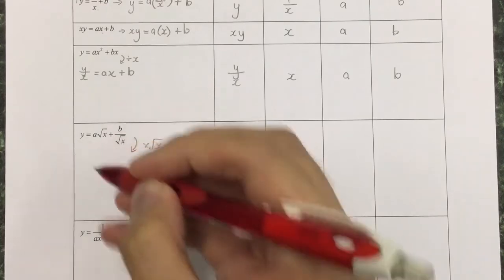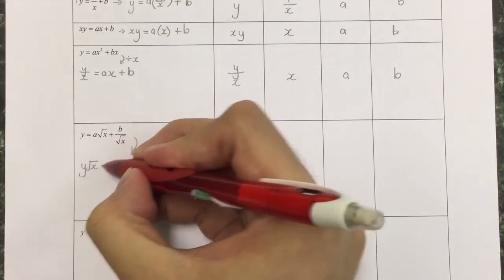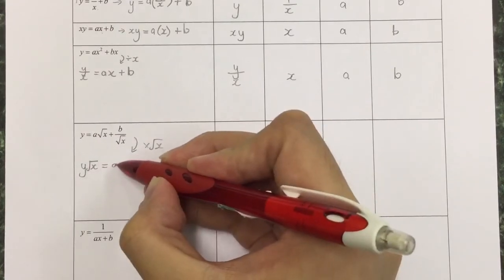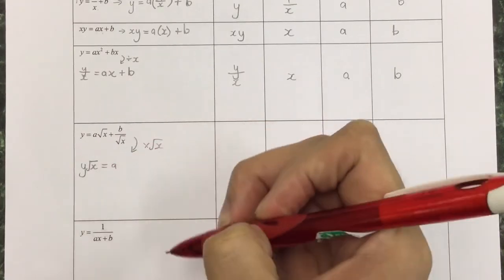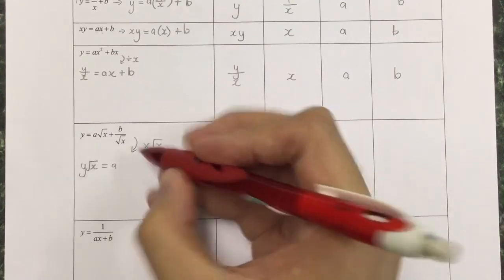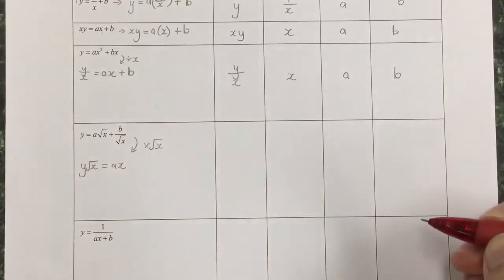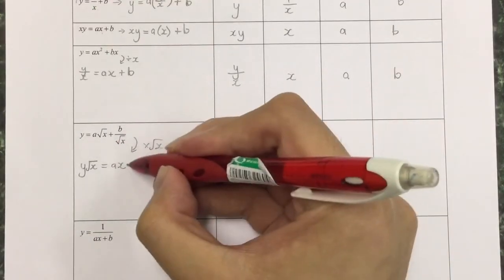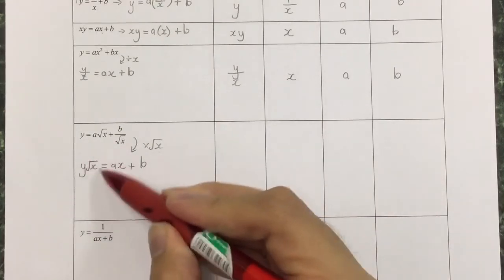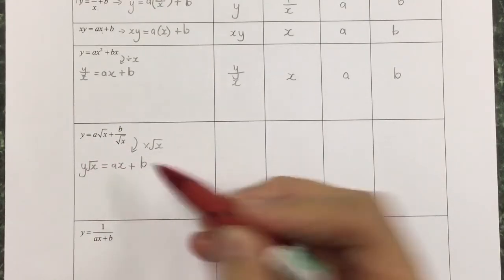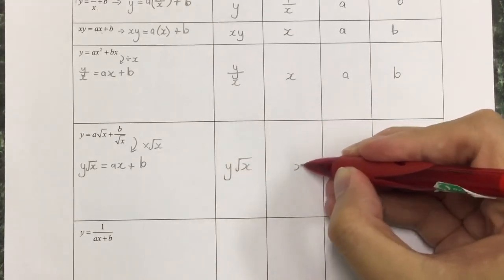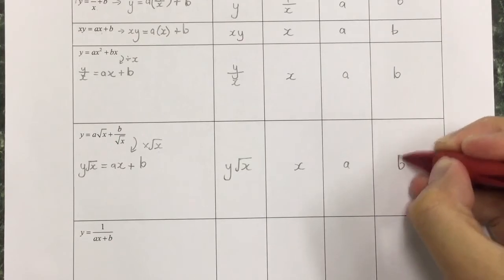What will I get? I'll get y times square root x. Now, you apply your laws of indices. A times square root x times square root x. What is that? Yes, square root x times square root x will just give me x. And when I multiply these two together, I'll just have b. So there you have it, y equals mx plus c. So the vertical axis is y square root x, the horizontal axis is x, and a and b are the gradient and y-intercept respectively.